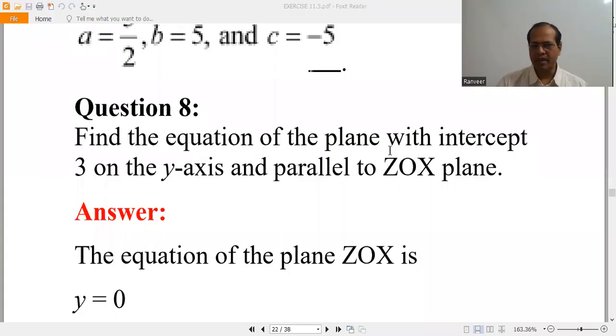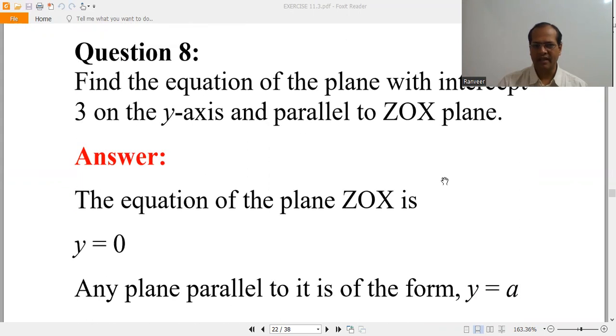Find the equation of the plane with intercept 3 on the y-axis and parallel to the ZOX plane. So ZOX plane parallel. If we draw a 3D figure, this is x, y, and z. So this is the ZOX plane. The equation of the ZOX plane, what can we write? y equal to 0.